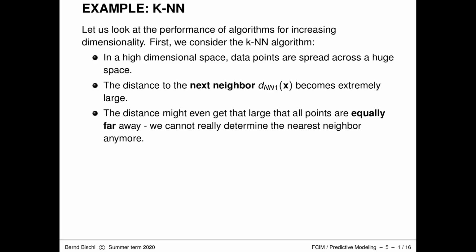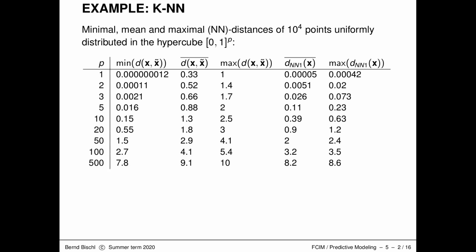Before I directly demonstrate what happens with the performance of the KNN algorithm in high dimensional spaces, let's do some simple calculations first. Again with respect to this simple hypercube in a p-dimensional space, we put a uniform distribution on that hypercube and simply draw 10 to the 4 points from it.